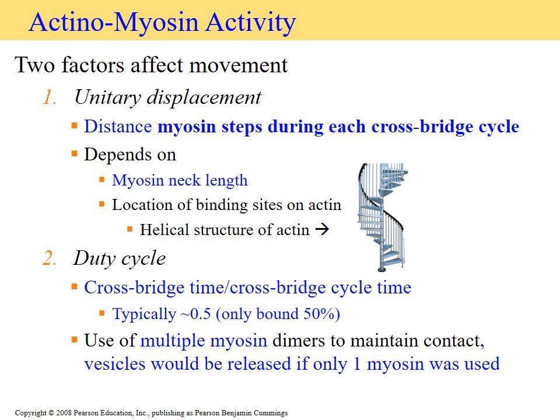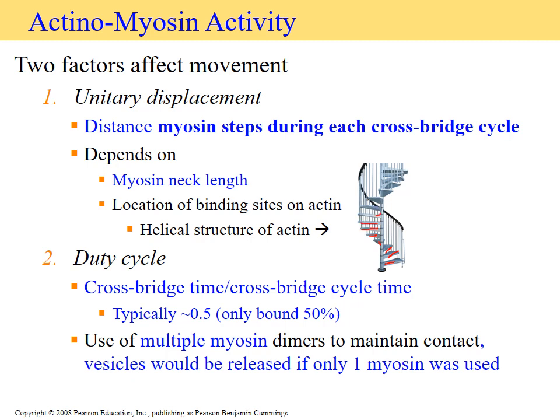Because as you might recall from our previous structure, you might have noticed that the binding sites were not lined up in a linear fashion. They're more of a little helical structure. So that's why I put the little picture of the spiral staircase, because the binding spots will align in a very helical pattern.